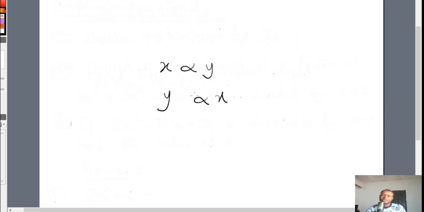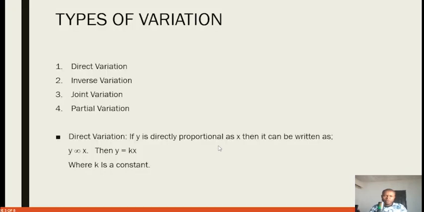You can see that the variation sign looks like a fish. So here we say that y varies as x.